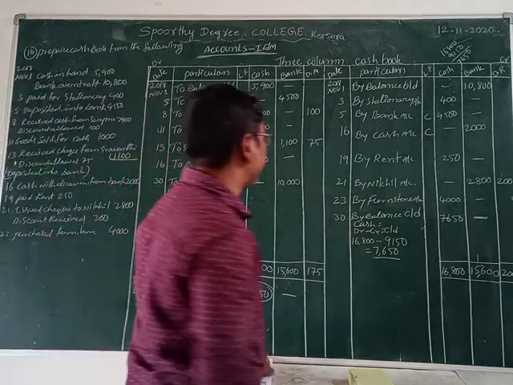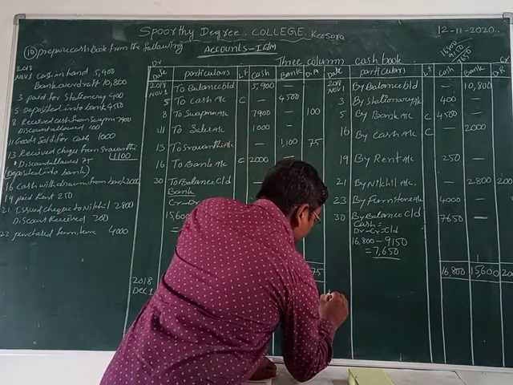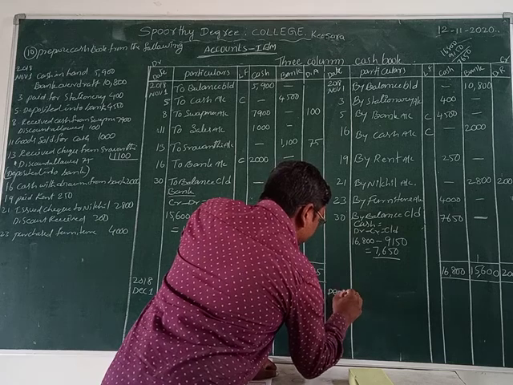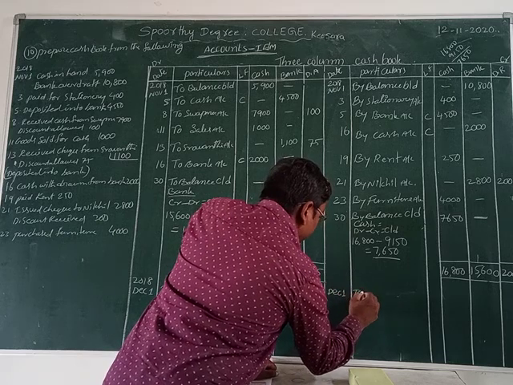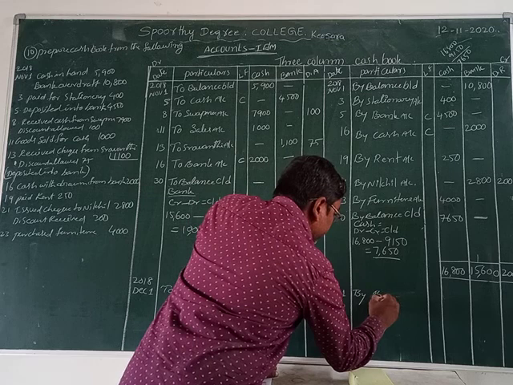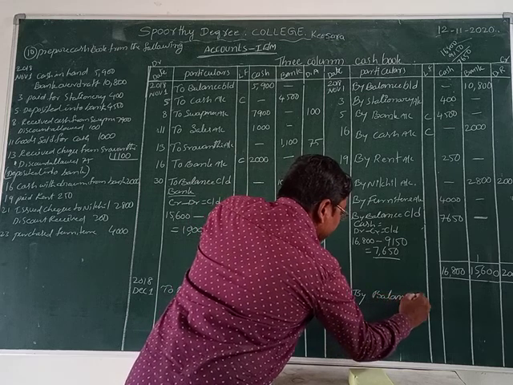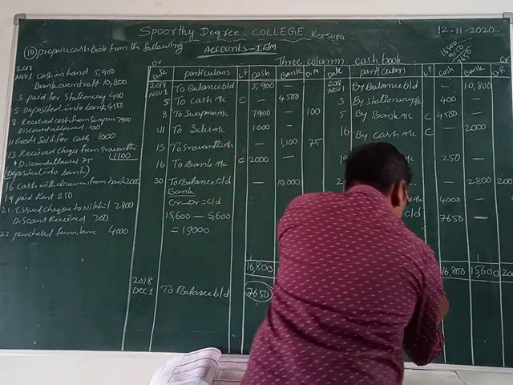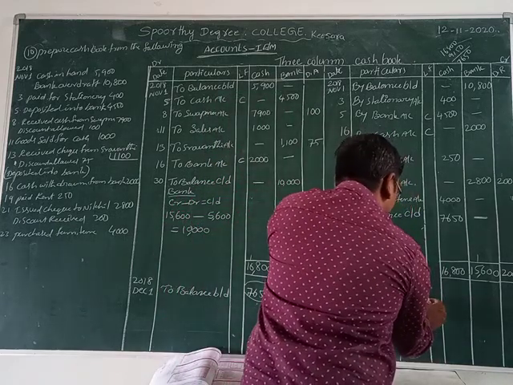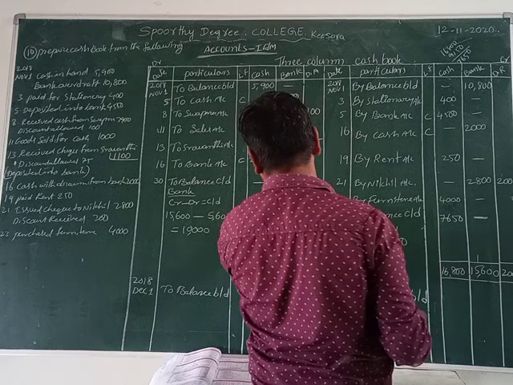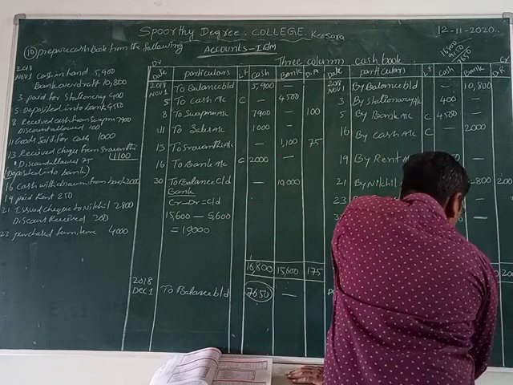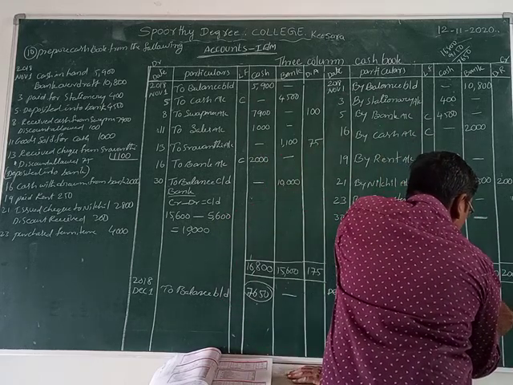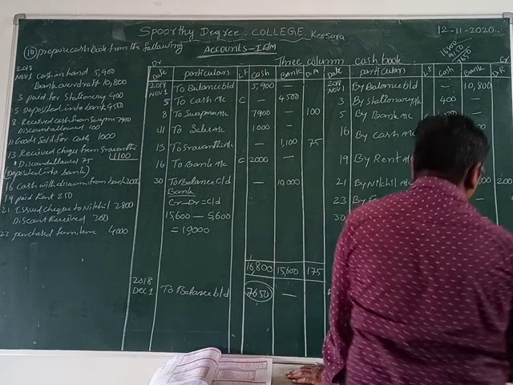Which side? Credit side. So November after December 1st, by balance breakdown, isn't it? What is the breakdown amount, students? It isn't given. So how much here? 10,000 rupees. It is in the bank only. Let us write down 10,000 rupees.